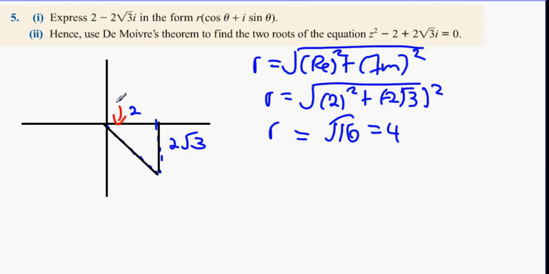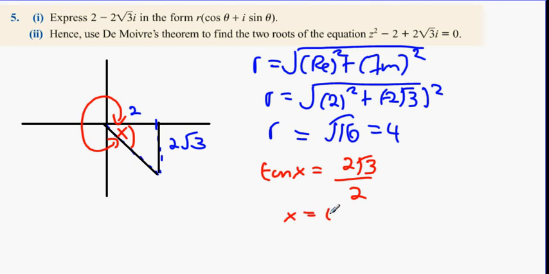Now we're going to do a full 360, and we're going to try and find out what this angle x here is. Angle x, tan x, is 2 root 3 over 2. X therefore equals tan inverse 2 root 3 over 2. Put that in and we get 60 degrees.